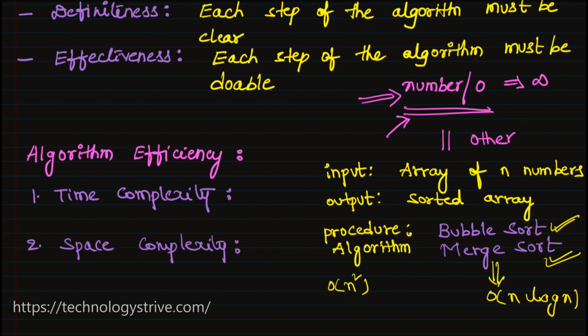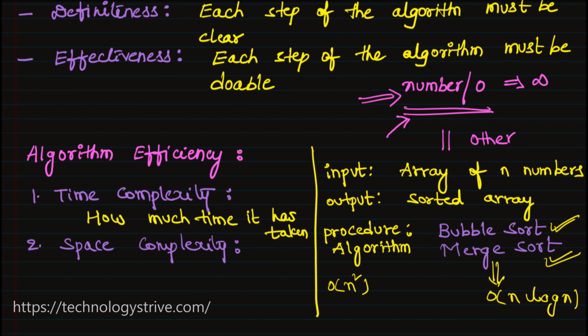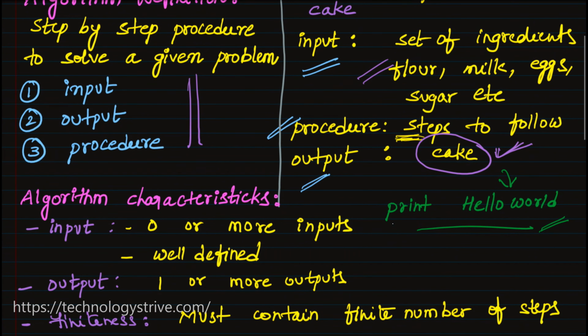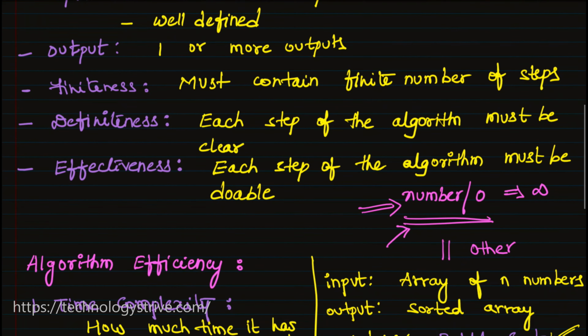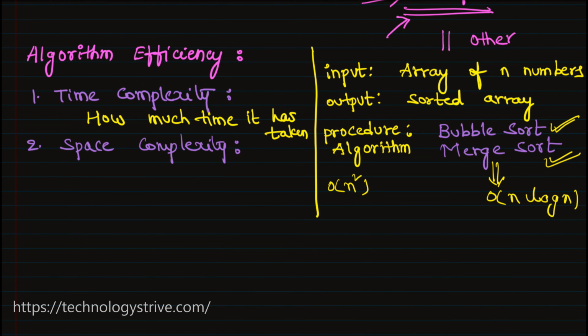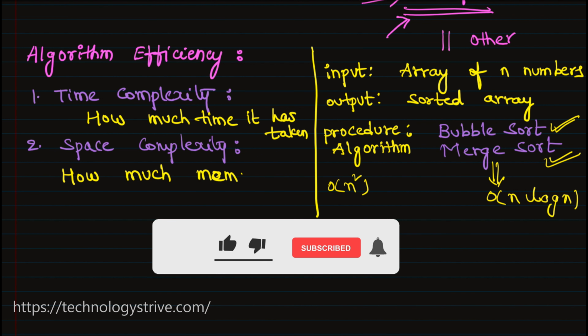Whereas space complexity talks about whether, while following the steps, we are consuming any extra space in memory. How much memory has been occupied.